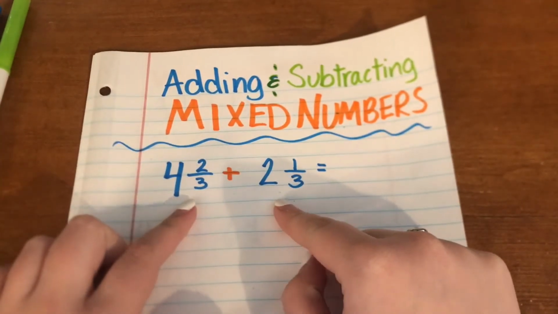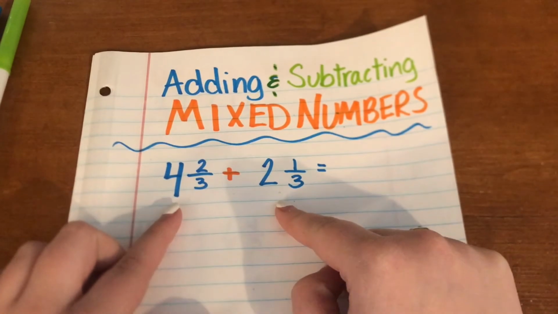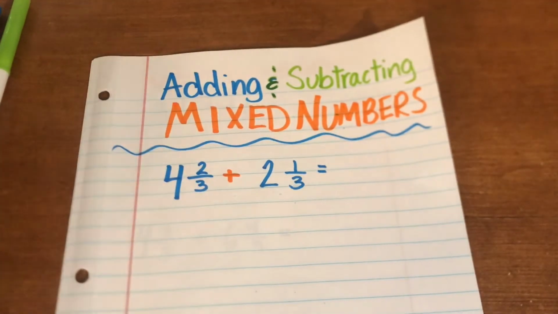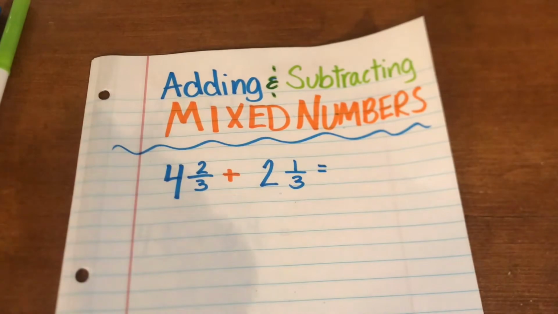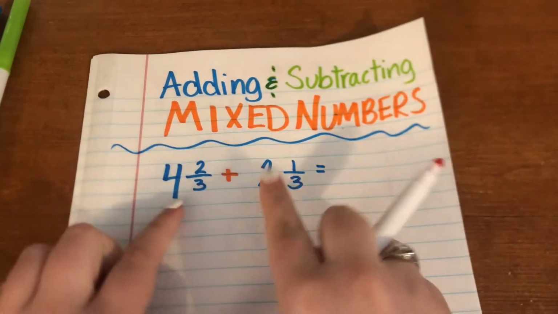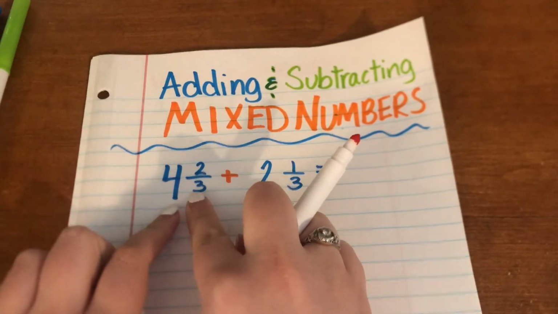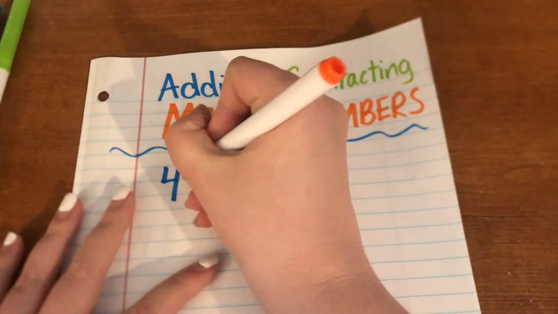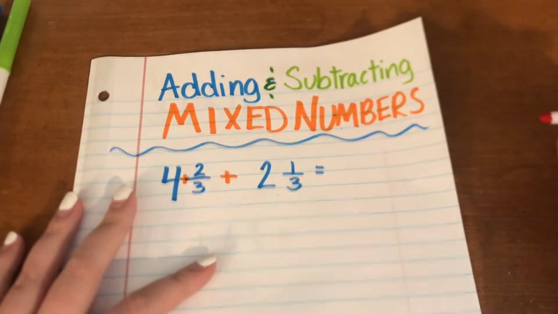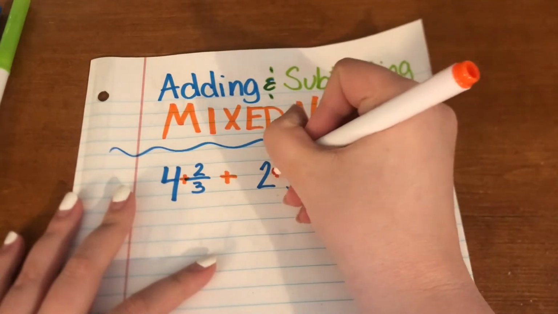So when we have a problem like this, 4 2/3 plus 2 1/3, the easiest way I think is to separate them out in your mind. 4 2/3 is the same as having 4 plus 2/3, and 2 1/3 is the same thing.